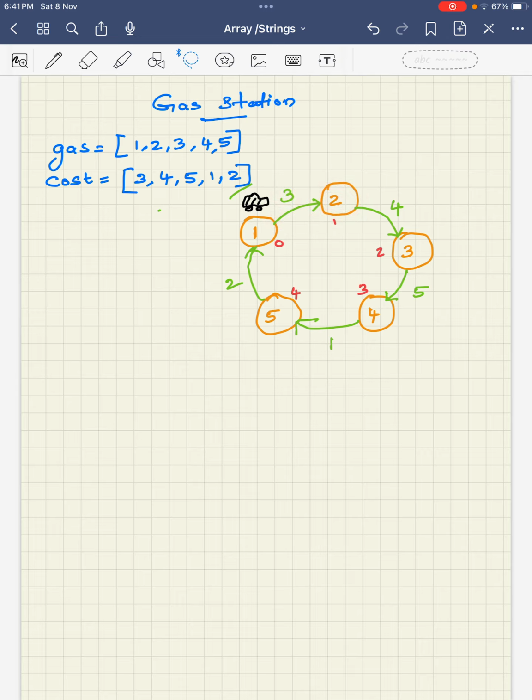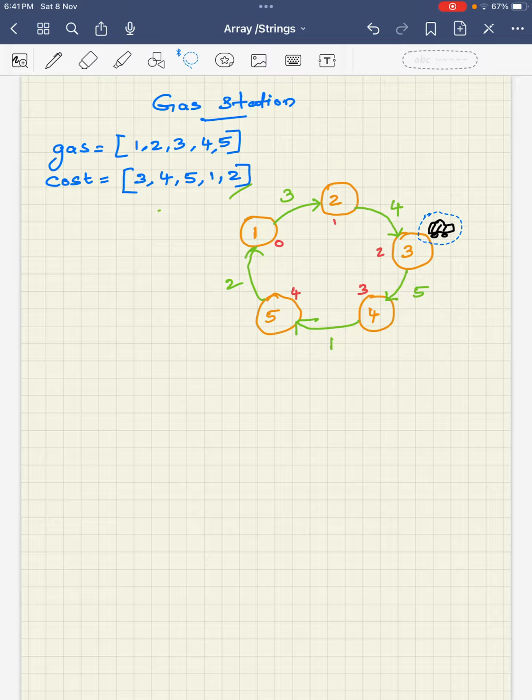So we cannot start from this gas station and have to choose another candidate. What if we start from this gas station? It provides 2 units, but to reach the next gas station it requires 4 units. So this is also not a good gas station to begin with.